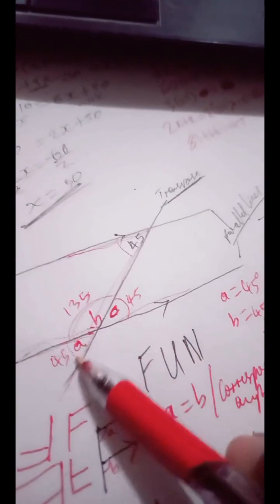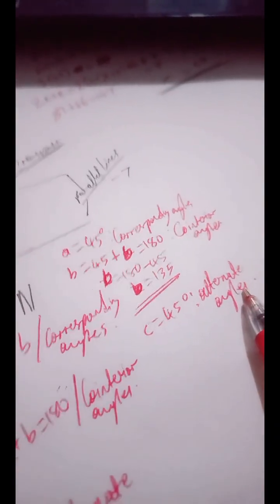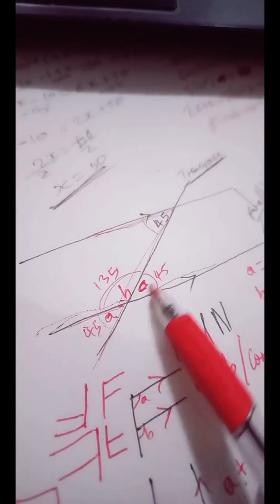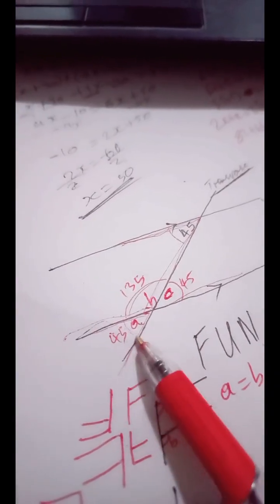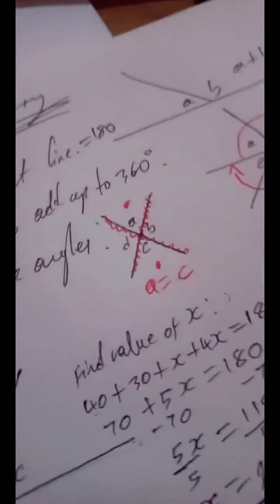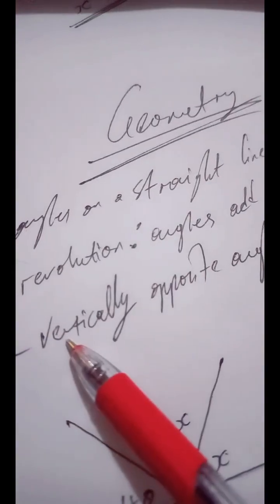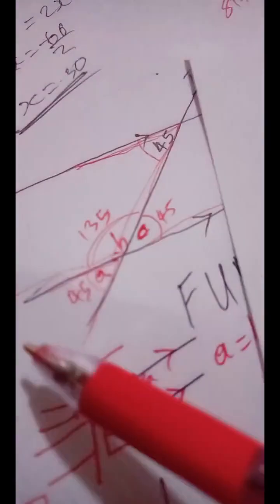As you can see here, A and C are the same, 45, 45. Right? So instead of saying alternate angles, you can even say vertically opposite angles, because this C is vertically opposite to A. You remember the vertically opposite angles we did in the beginning. Here. Vertically opposite angles, A, C, which is the same with this.